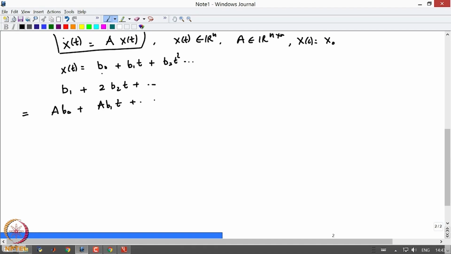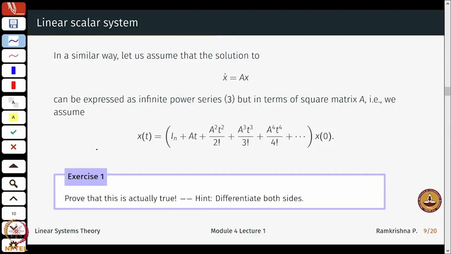Again, I can just do the same trick to find the coefficients, so b 1 is a b 0, similarly twice b 2 is a b 1 and so on. This will give me a solution which looks like this.